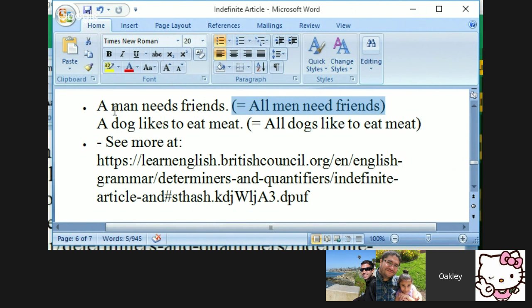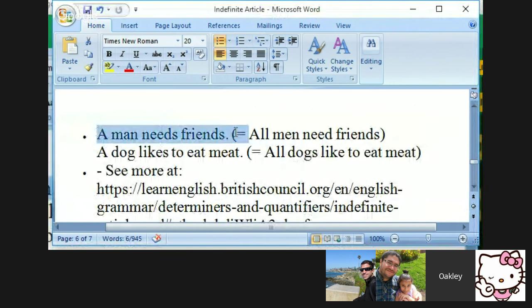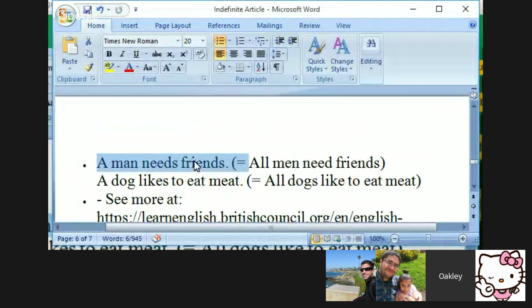Pencils are useful. Dogs like to eat meat. This is normal. This use of the singular to say something about all things is a little more formal. You might see it in writing. For example, when I'm teaching students writing for TOEFL or IELTS, I usually tell them, look, you have an option.